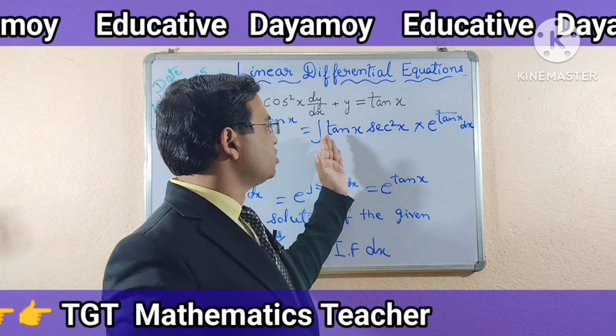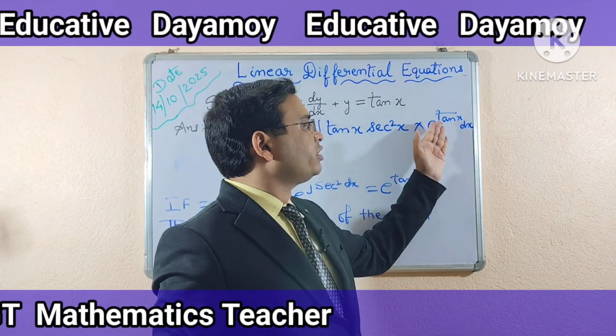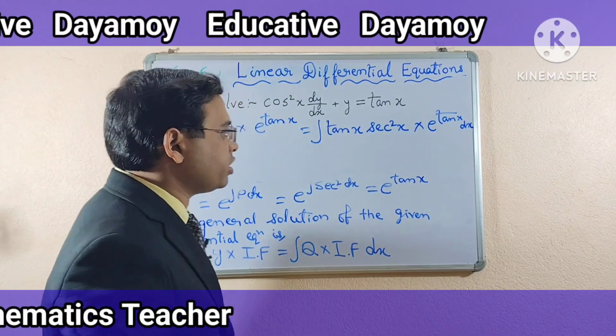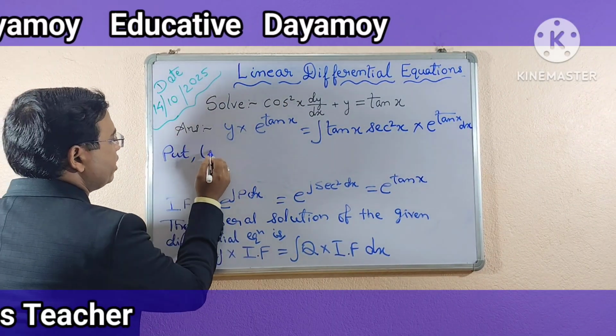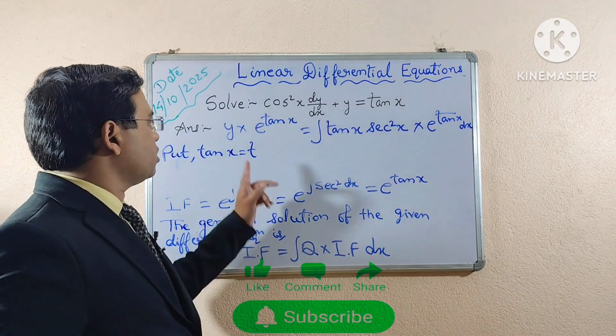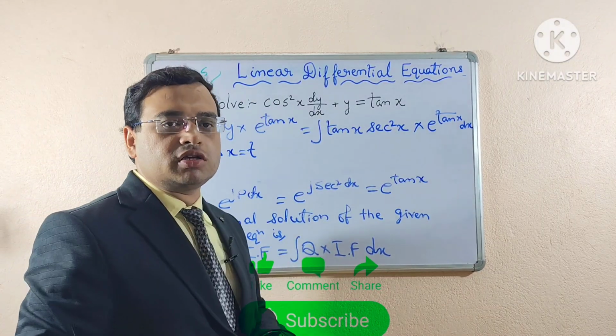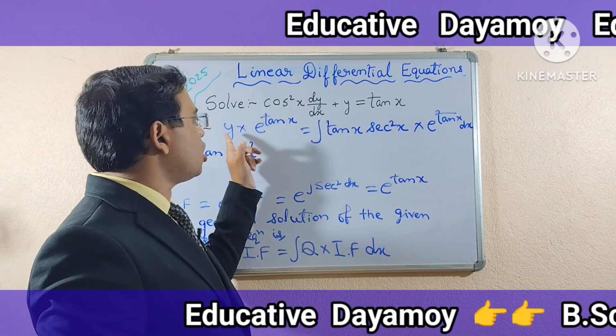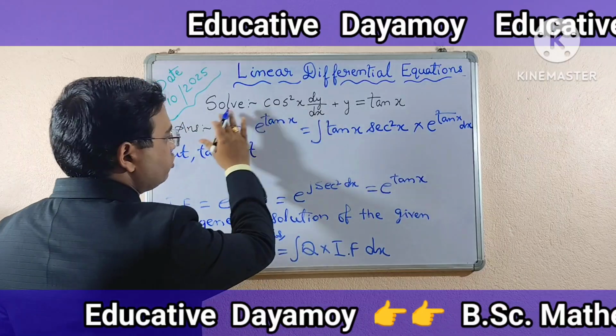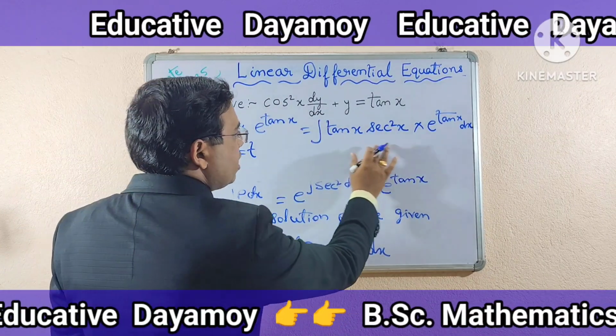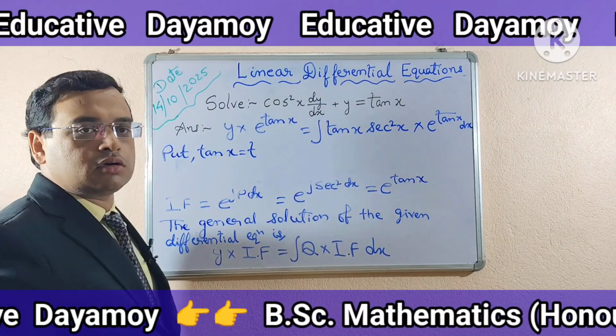Now in order to solve this integral I have to put tan x as t. Here there is no integral on the left side, so I will not do anything there, and no calculation is required, but here I have to remove the integration symbol.